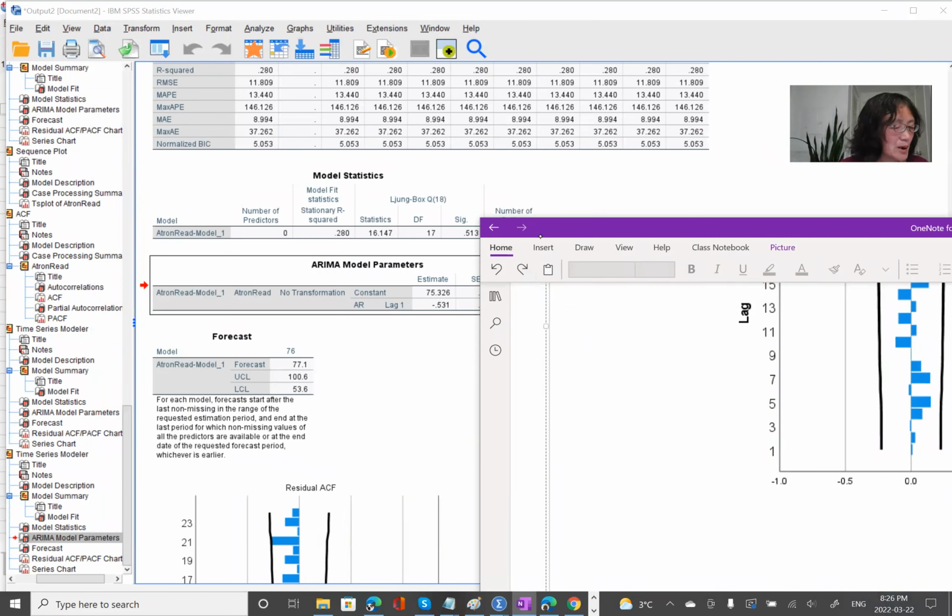So when we propose the AR1 model for example 9.4, we got the constant from the SPSS output, 75.326, and AR lag 1, negative 0.531.